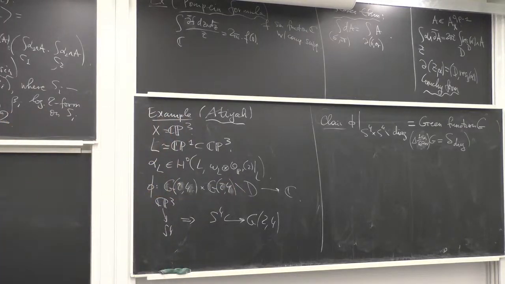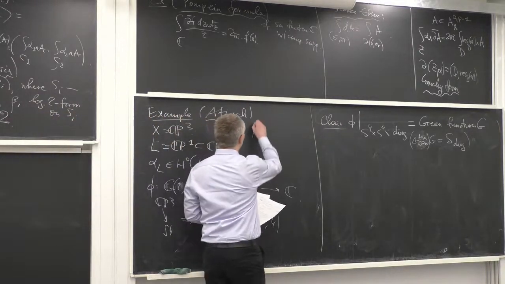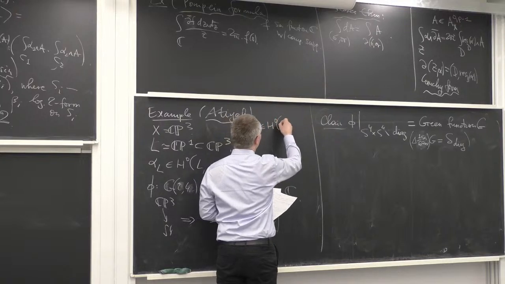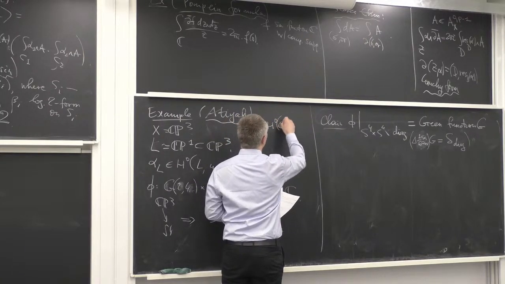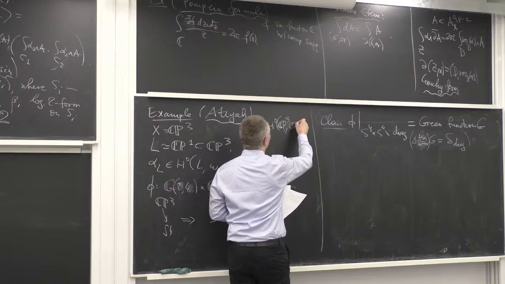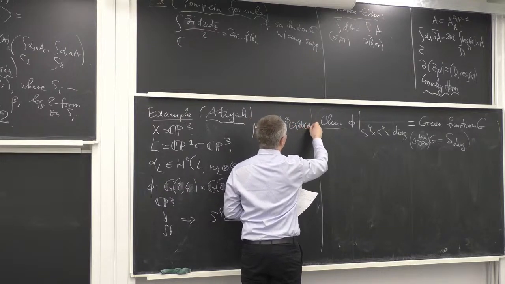Also, we want to have a top orientation. Top orientation means we want to have some top form on the ambient space with values in some vector bundle. But you see here we take the product of sections and divide by the third one. So both of them are forms with values in O of 2. So the product will be a top form with values in O of 4. And here we have a very nice coincidence: mu is a section on CP3 of O of 4, which is omega.